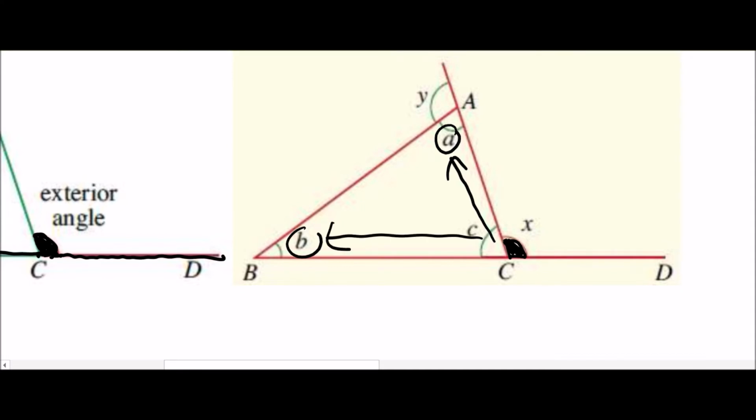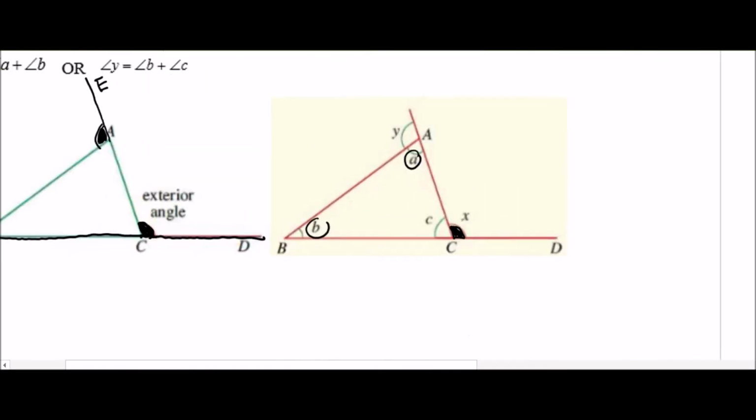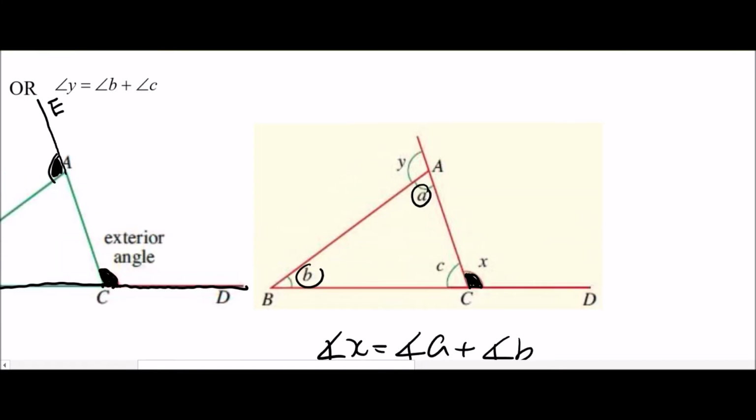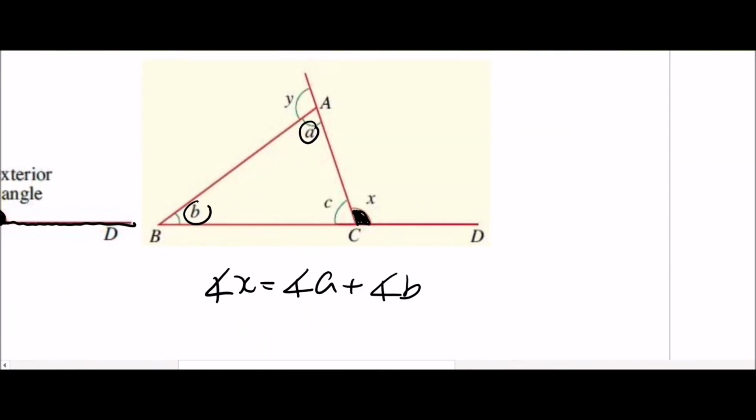From here I know that A and B are the interior angles opposite to angle X. So in this particular example, angle X equals angle A plus angle B. And we don't need to quote the reason here, which is exterior angle of a triangle.